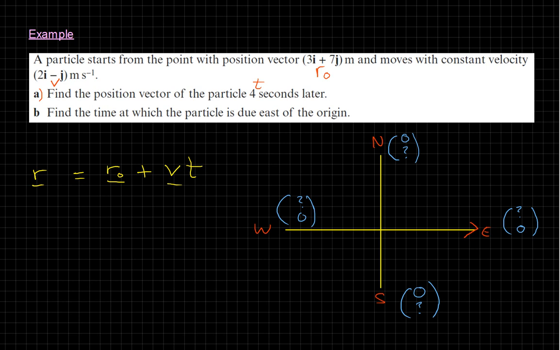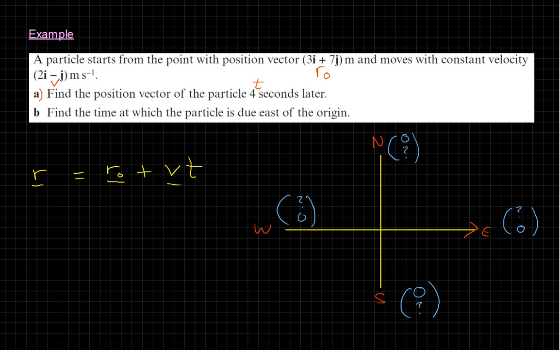Okay, so just to be clear, this is not me answering the question yet, this is an aside. I'm just considering, what does it mean when somebody tells me a vector is due east or due north? What it really means is it's in this form, this blue form. So if I told you I've got a vector going due west, what you know then is the j component must be 0.